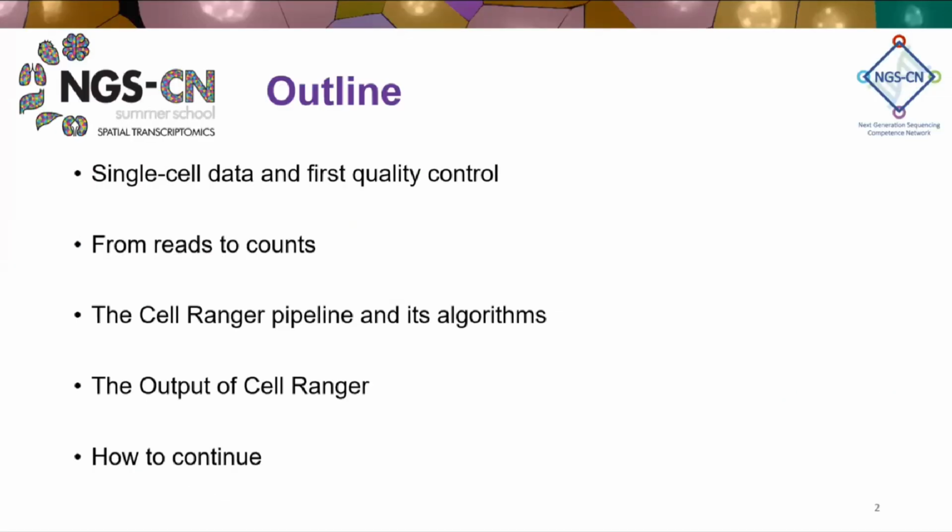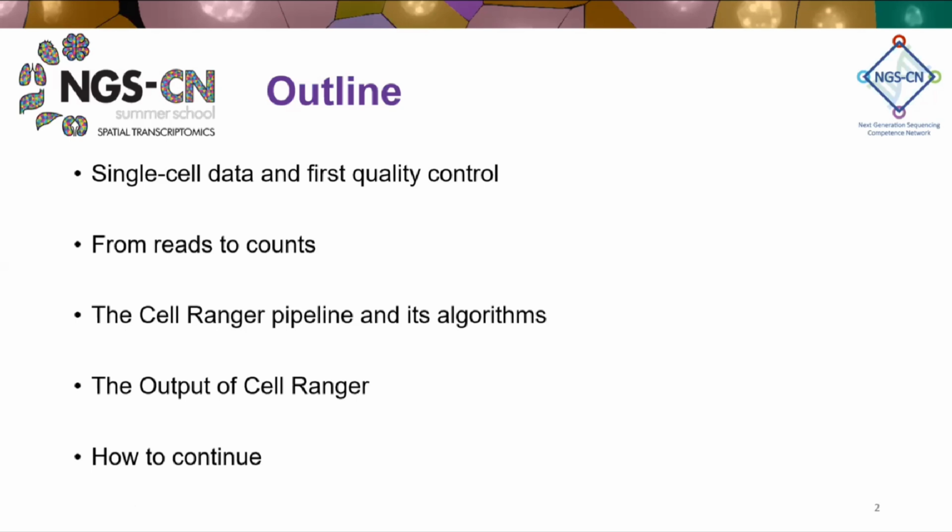My talk contains several parts. In the first part, I want to talk about single-cell data or raw sequence data in general, and how you could do a first quality control. Then I will cover how we get from reads to counts.